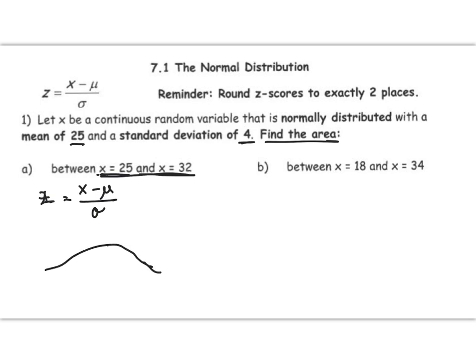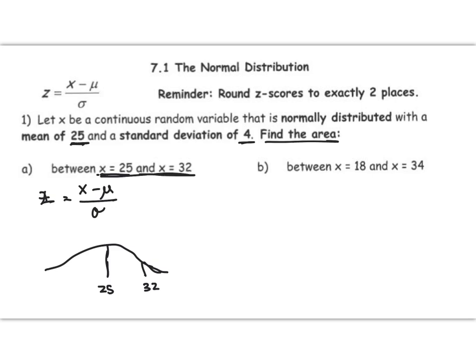If I draw this out, here I'm given the mean. The mean is 25, and one standard deviation is 4. 32 is above 25, so it's somewhere above 25. And let's calculate the z-score.